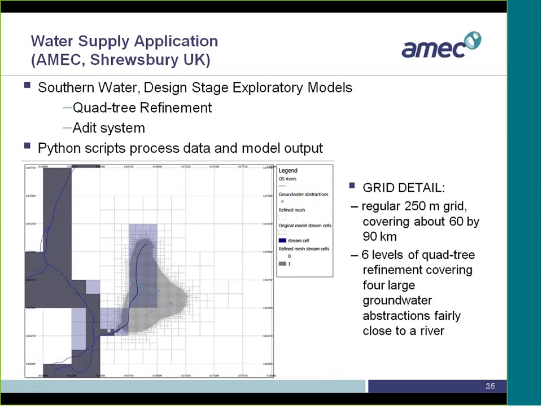AMEC Shrewsbury in the UK is working on a project for Southern Water, and the design exploratory stage models are what I'm showing you. There's a quad tree refinement around this river system and these large abstractions next to the river, and these abstractions are done using adits.